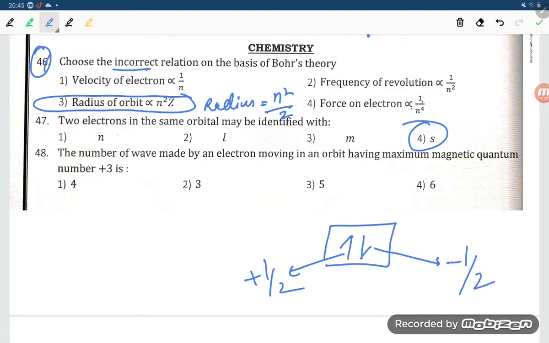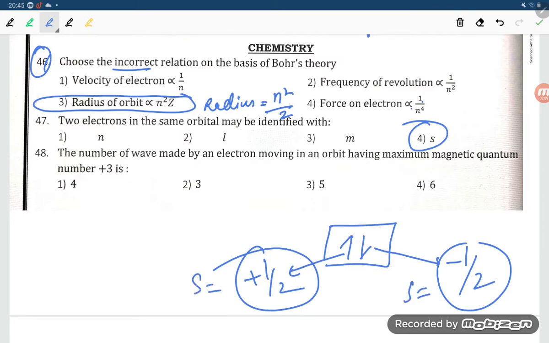That is S equal to plus half for one electron and S equal to minus half for the other. So option number 4 is correct.